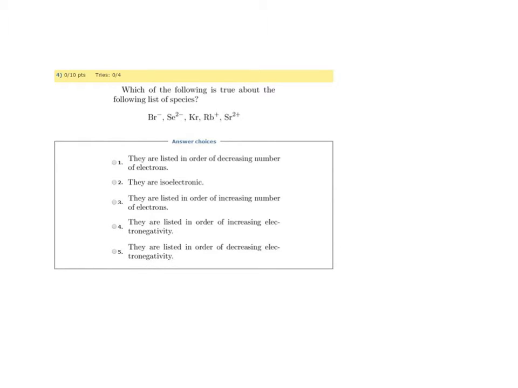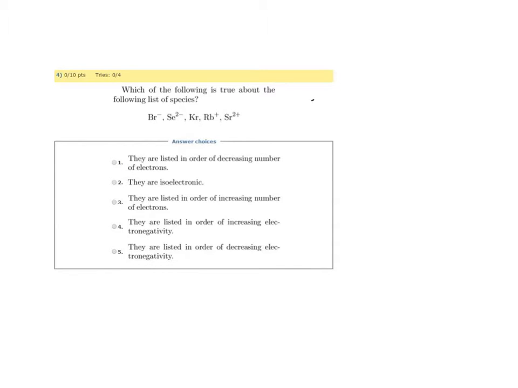And if you look at them in that way, and then remember that selenium gains 2 electrons, it goes from 34 to 36, which is the electron configuration of krypton. And then bromine gains 1 electron, goes from 35 to 36. Rubidium loses 1 electron, goes from 37 to 36, and then strontium loses 2 to go from 38 to 36.